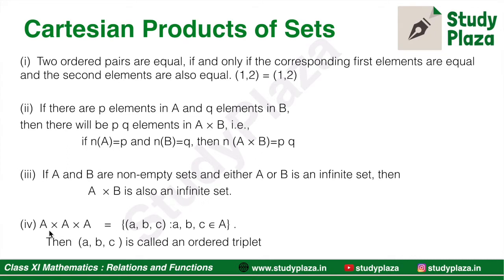Similarly, the fourth point is that the Cartesian product of three sets will give us an ordered triplet. That is, it will contain three elements: the first element from the first set, the second element from the second set, and the third element from the third set. Hence (a, b, c), the three elements of the Cartesian product of three sets, is called an ordered triplet.